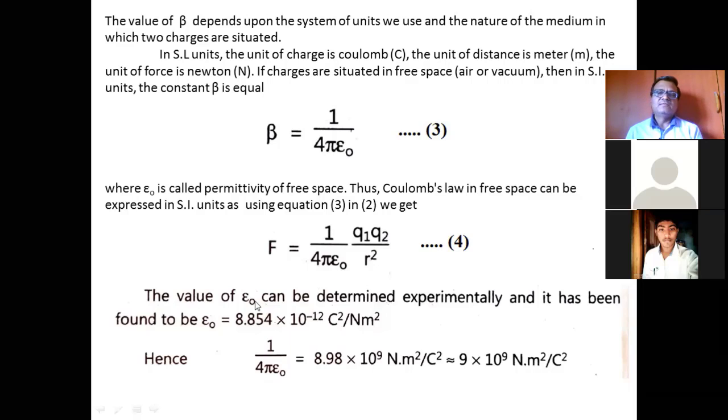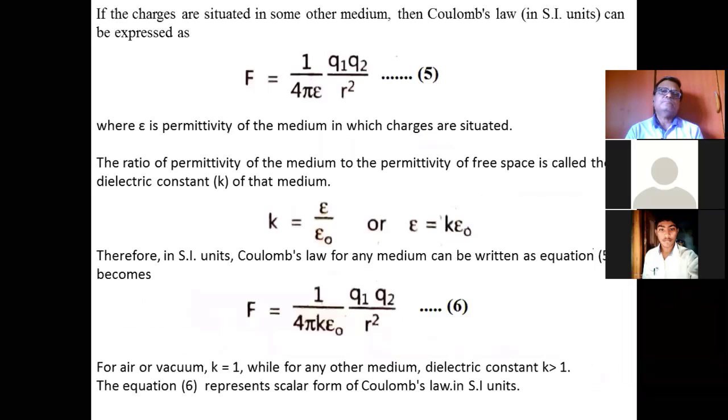For air, epsilon 0 is 8.854 into 10 raised to minus 12 Coulomb square per Newton meter square. Using these values, 1 upon 4 pi epsilon 0 is equal to 9 into 10 raised to 9 Newton meter square per Coulomb square. This is the value of beta, and it is used to solve problems.